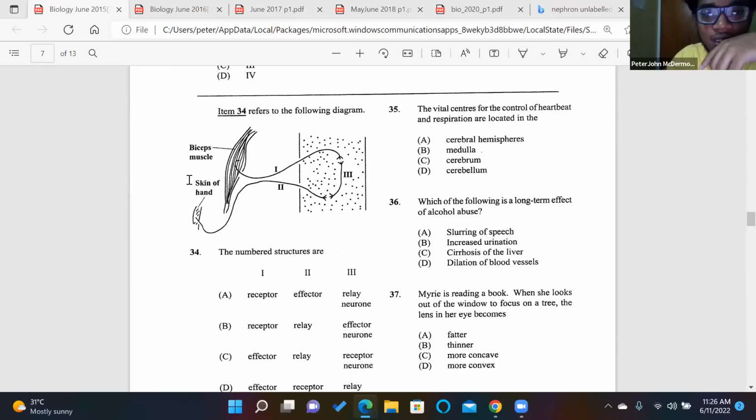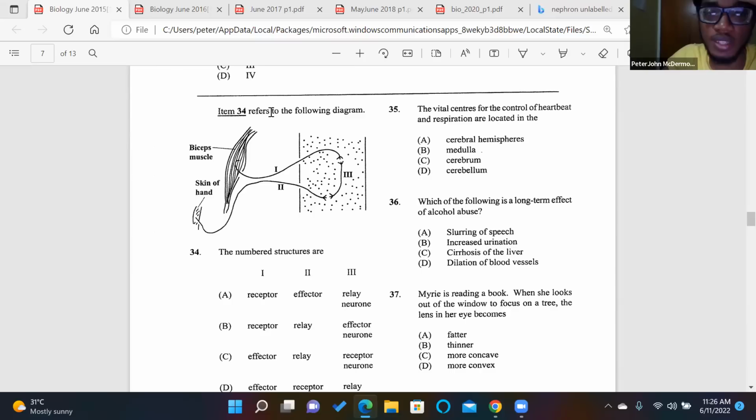All right, so the effector is just what's actually doing the action. So biceps muscle, everybody can do this, right? Biceps brachii, shorten and lengthen your biceps. That's an effector. Your brain says, okay, biceps move, and you're able to move.